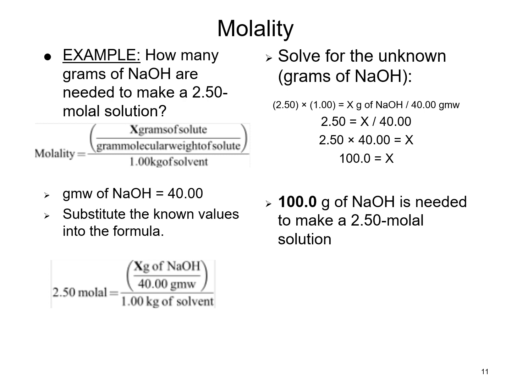So first we determine our gram molecular weight to be 40. We're going to substitute those values in, and using our basic algebra skills, we will determine that we need 100 grams of sodium hydroxide in order to make a 2.50 molal solution.